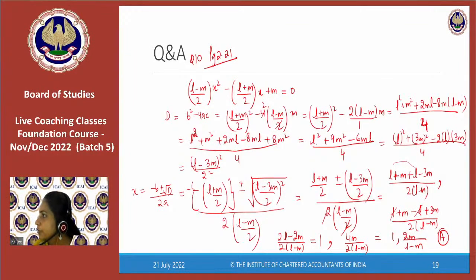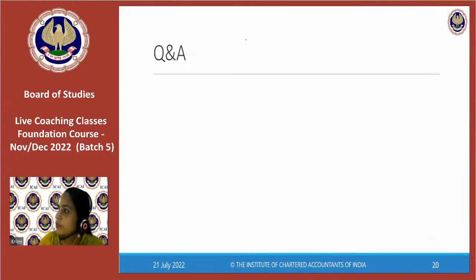Parinita has asked me one of the questions from page 2.5. If you want to stay, you may. Quickly, I'll tell you. Question number 4 from page 2.5. It says the sum of the digits of a 2-digit number is 10.